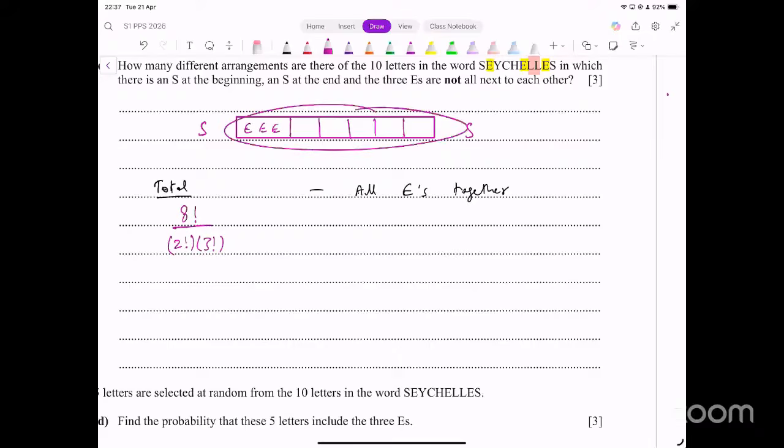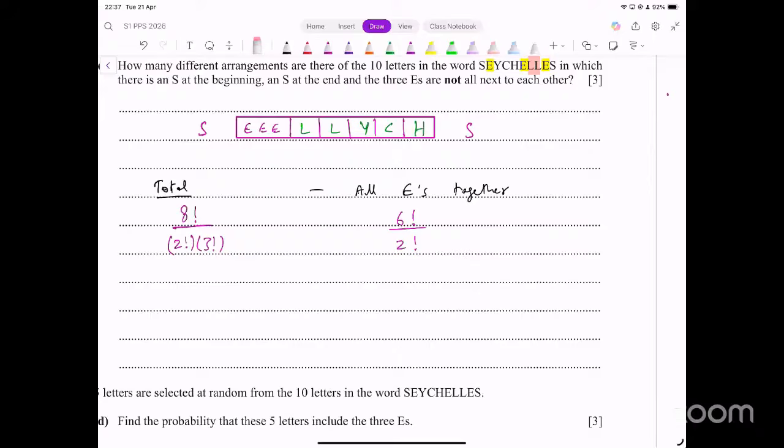We merged 3 boxes and put 3 E's in them. We can arrange them in 6 factorial ways. But some of those boxes have L's in them. There are 2 L's, and the other letters are Y, C, and H, which are different. We have to divide this 6 factorial by 2 factorial because the 2 L's are identical. These will be the number of arrangements in which all E's are together.